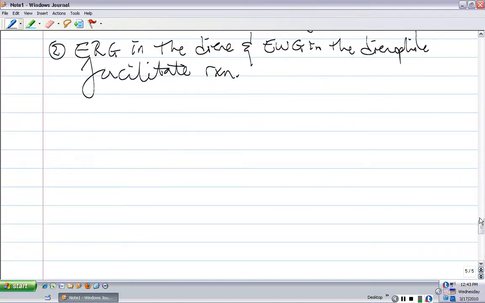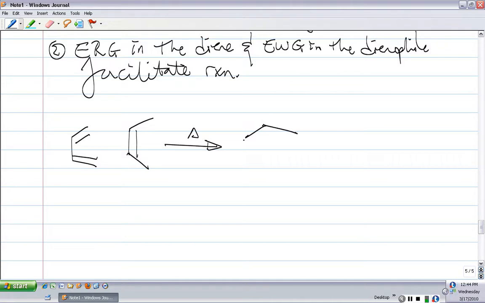Well, what it means is that, for example, if I take my butadiene and I react it with a cis alkene first, my product will be, now I recognize this is Diels-Alder, so I'm just going to draw a cyclohexene, because the product of a Diels-Alder reaction is a cyclohexene.